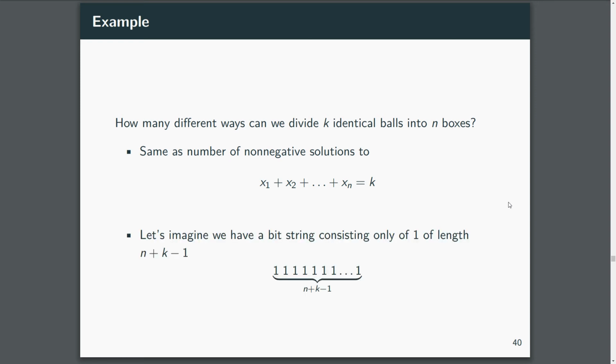And to solve this, let's imagine we have a bit string which consists only of ones, and its length is n plus k minus 1. So its length is the number of boxes plus the number of balls minus 1.